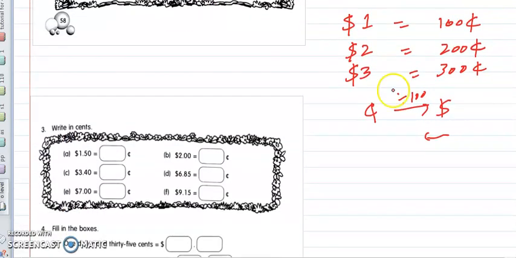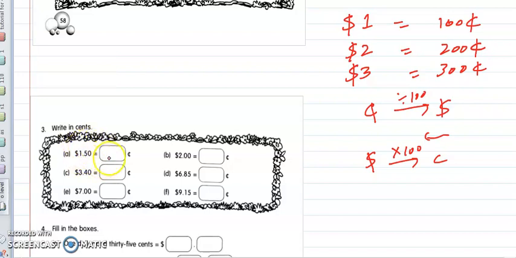And next, if we have to convert dollar into cent, it is very simple. The rule says that when you have to convert dollar into cent, you need to multiply with 100. But again, multiplication with 100 at this level will be difficult for you. So easily what you can do is just remove the decimal point.